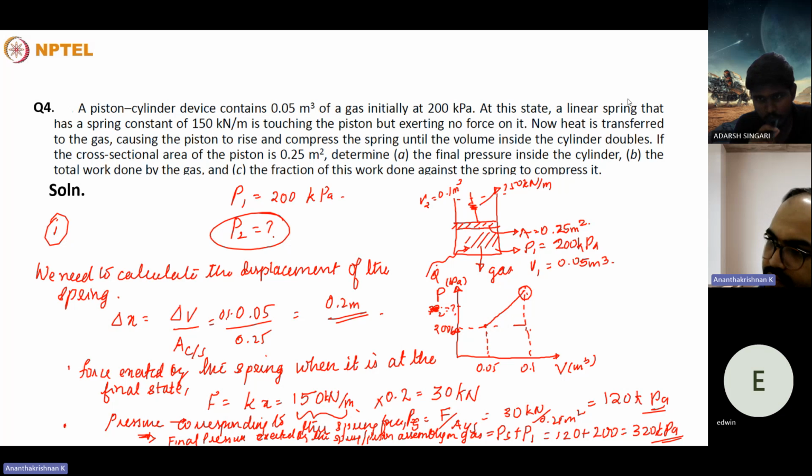And then there is also another term that you have to calculate, the fraction of the work done against the spring to compress it. Basically, there are two parts to it. Yeah, you are right. The second part of the problem, total work done by the gas, we can calculate by the area of the trapezoid, or the area projected by the line onto the x-axis.